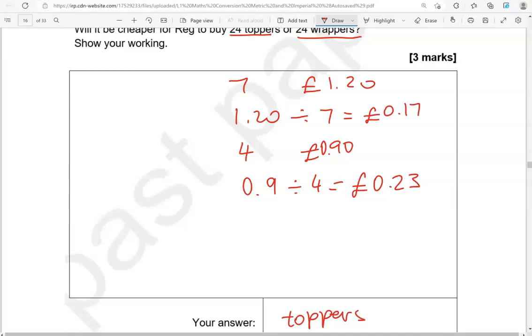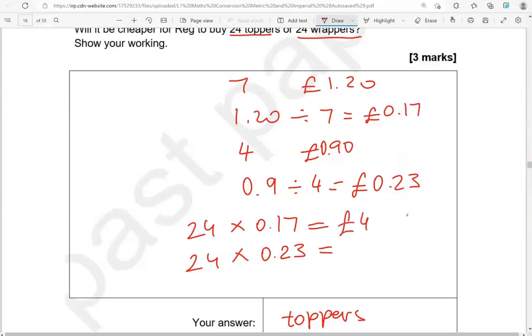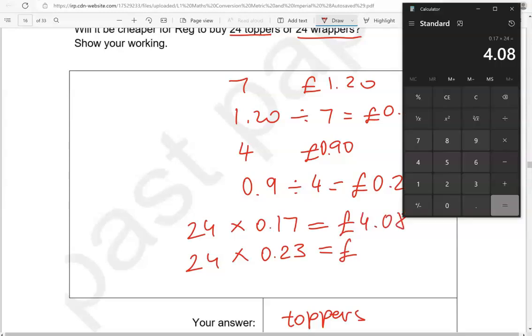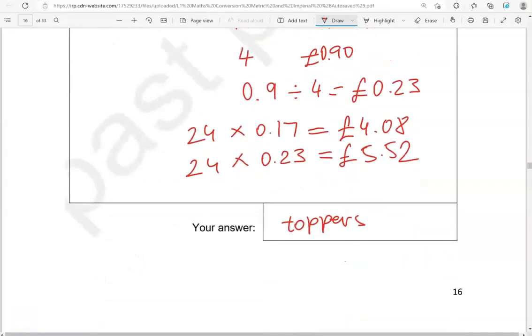So I'm going to do 24 times 0.17 and 24 times 0.23. £4.08 and £5.02, just to show the working out and get the full mark.